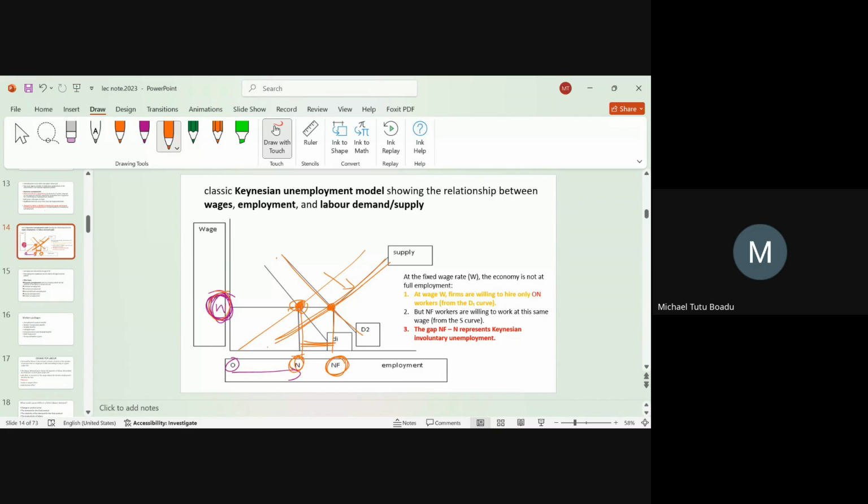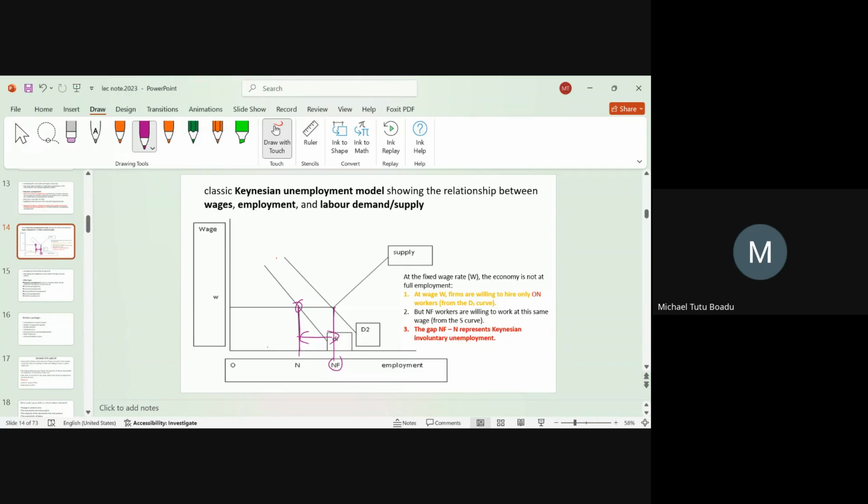It is involuntary because it is not anyone's making. It is not intentional, not deliberate, not planned. It happened involuntarily. This N is the number of people I want to hire based on my capacity as a firm, but the number of people who want to work is NF.